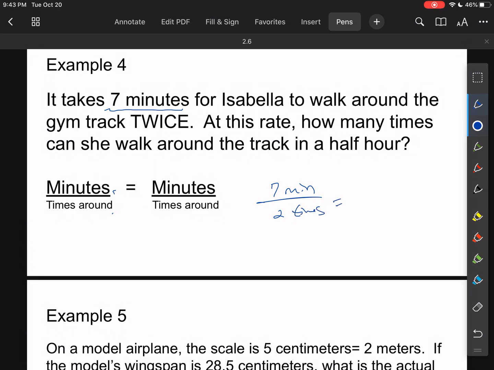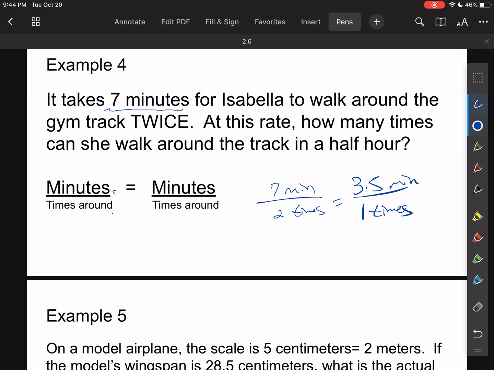Okay, so what would it be for 1 time? I always like to relate this to 1. So if I related this to 1 time, I would divide by 2 on both sides. 7 divided by 2 is, hopefully you're saying 3.5. So it's 3.5 minutes per 1 time around the track, right?